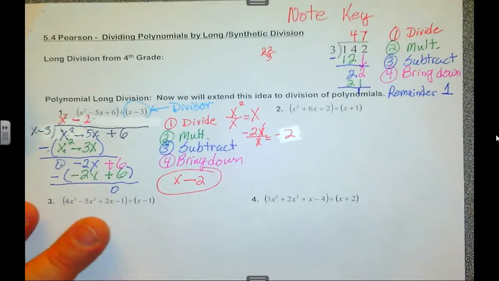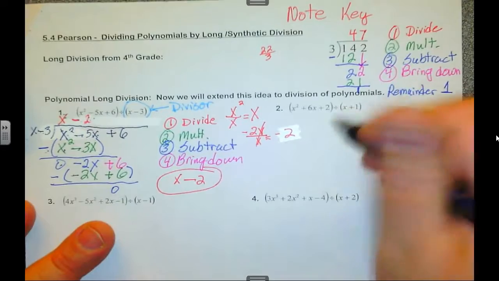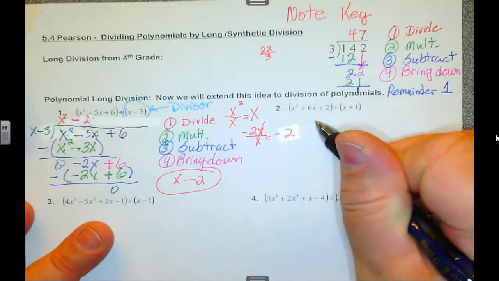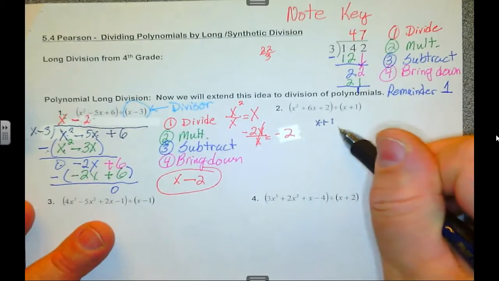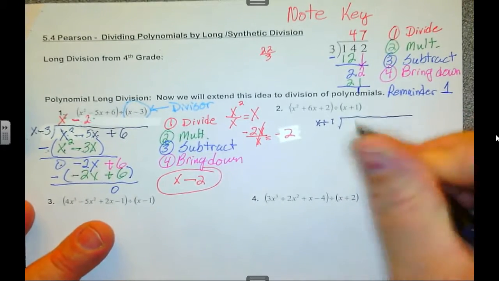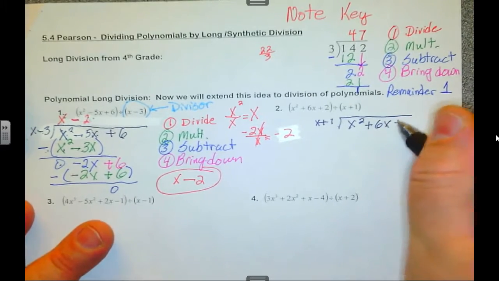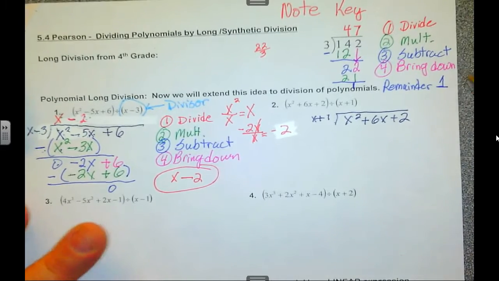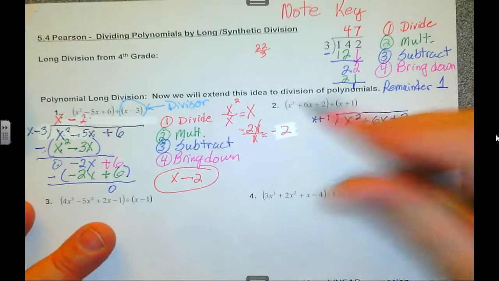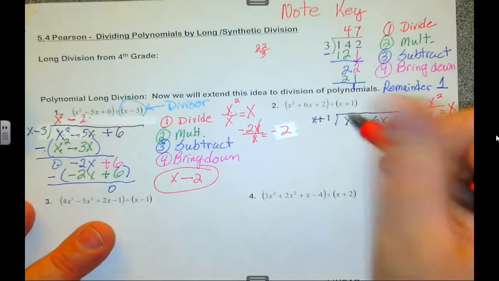Let's do number 2. Here's my divisor, x plus 1. I'm going to divide it into x squared plus 6x plus 2. Okay, the first thing I'm going to do is divide x squared divided by x, positive x.